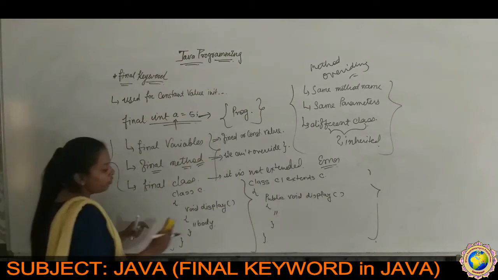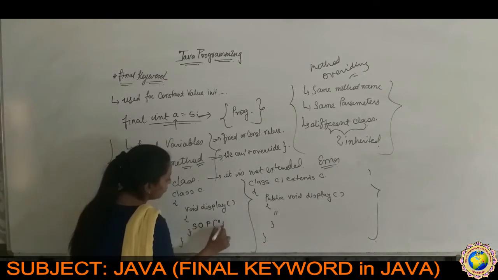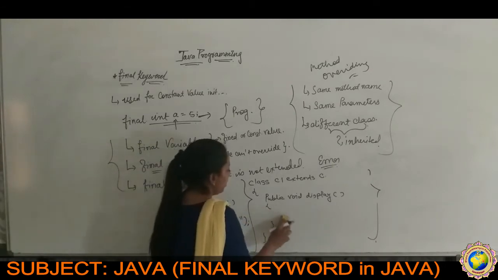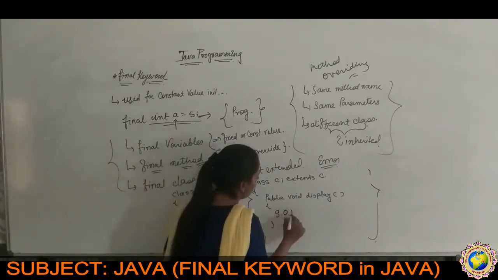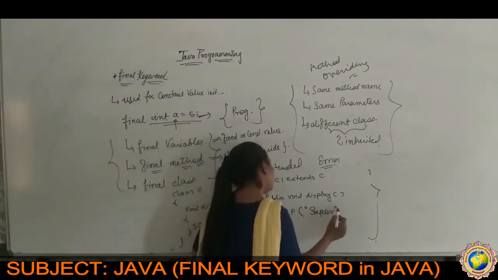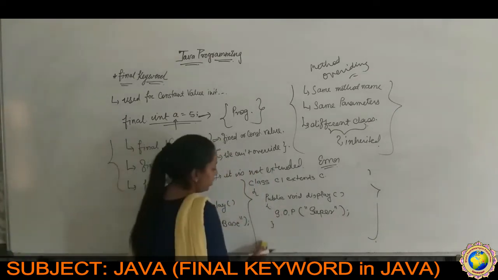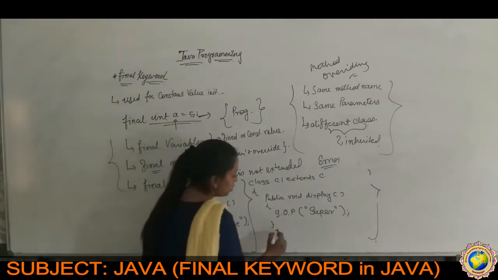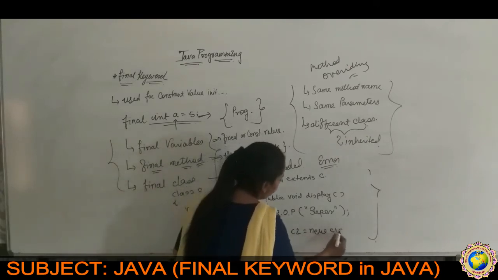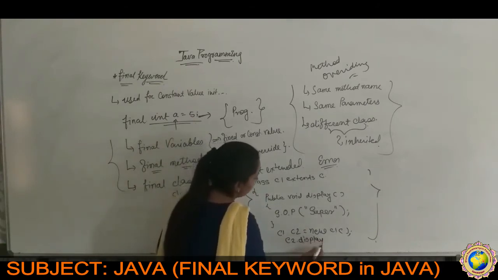Suppose here we are writing SOP, and here we have written C2 equal to new C1 and C2 dot display.